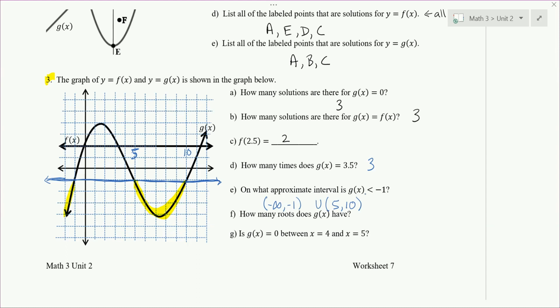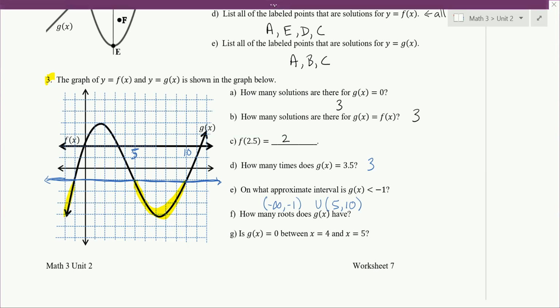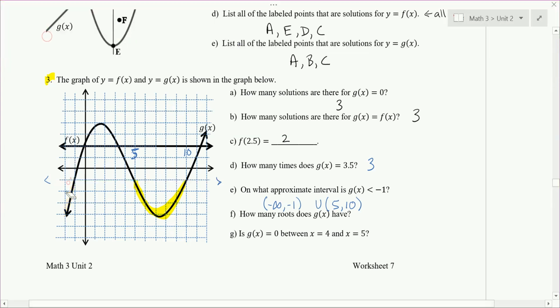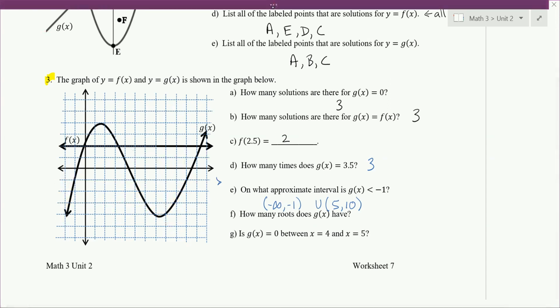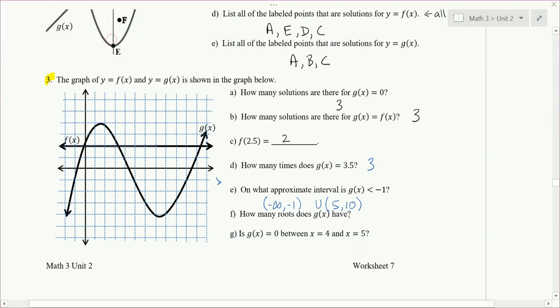F asks how many roots does g of x have? A root is another word for x-intercept. So if you didn't know that, take note of that. So this is talking about a root is where it crosses the x-axis, as long as it's a real root. And we're going to assume we're talking about real roots here.